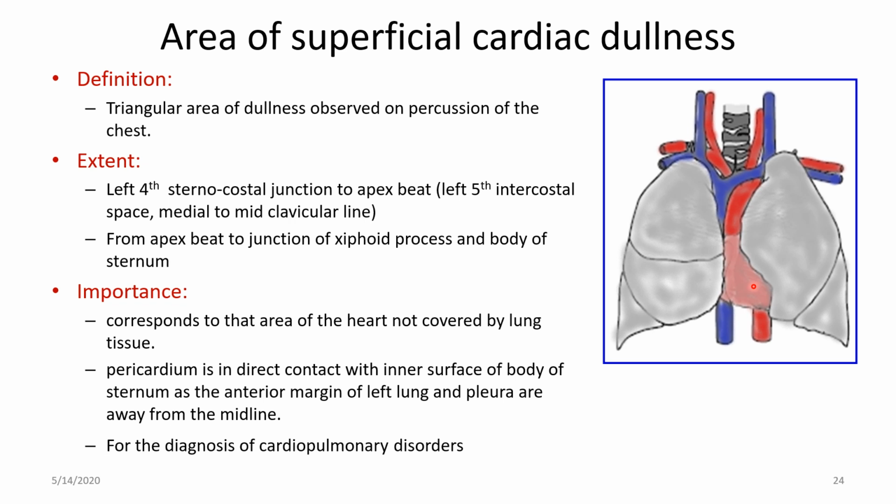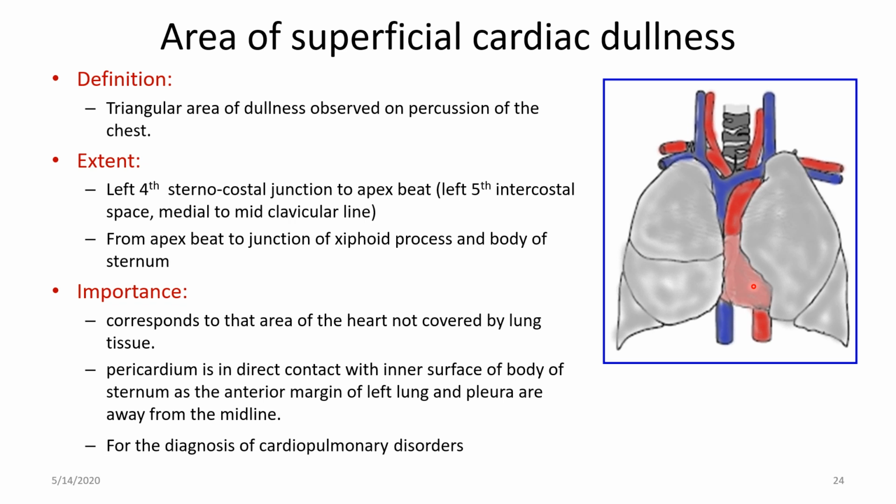Left fourth sternocostal junction. At the junction of the fourth intercostal cartilage with sternum on the left side to the apex beat, which will be felt in the left fifth intercostal space medial to mid-clavicular line.